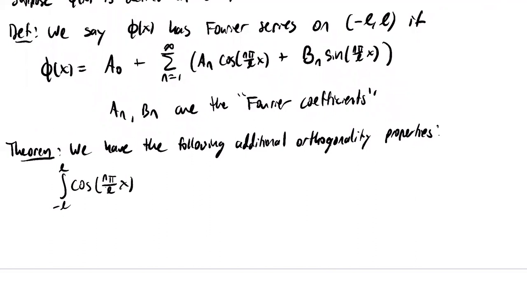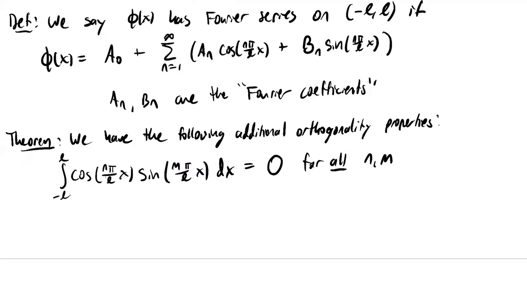Well, what's the new addition here? We have to consider what happens if you not just multiply a cosine term times another cosine term, or a sine term times another sine term. We have to see what happens when you multiply some cosine eigenfunction times some sine eigenfunction, right? And so it turns out that if I calculate this integral from negative L to L, this is always equal to 0 for all n and m. Right, so this is the new addition.